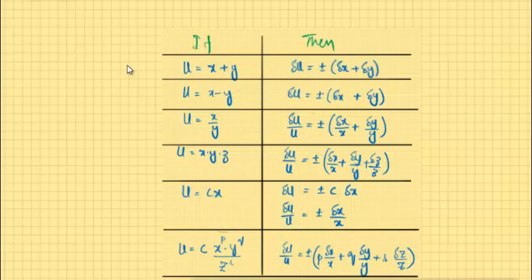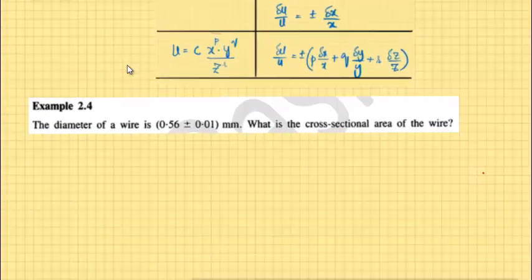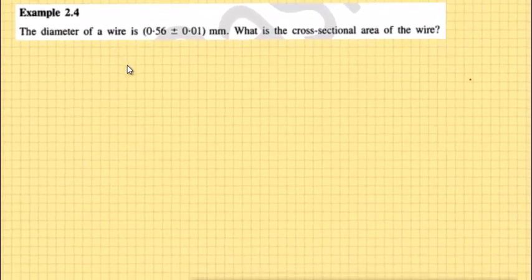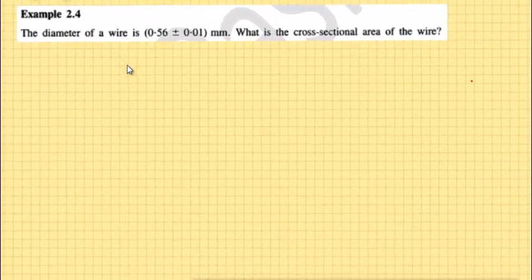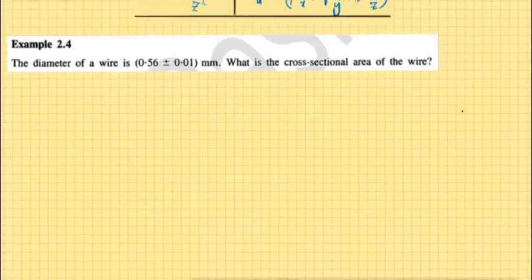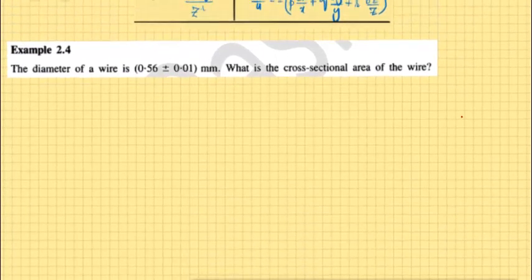So what we can do here is look into more examples. Here we have one more example, and it looks like a pretty simple question, but this is a good one to practice. It says that the diameter of a wire is 0.56 plus minus 0.01 millimeters.